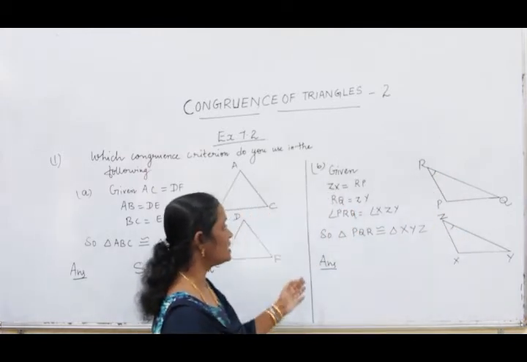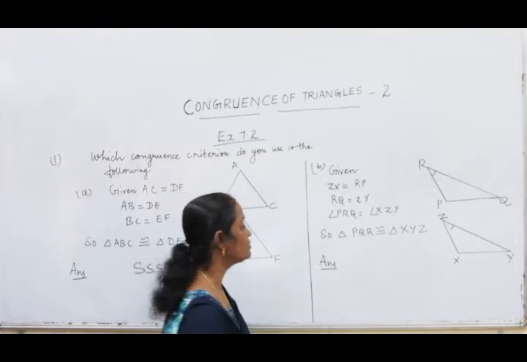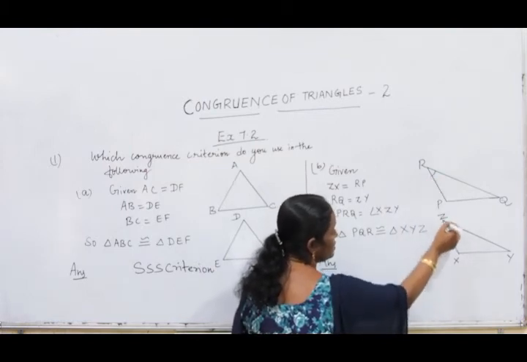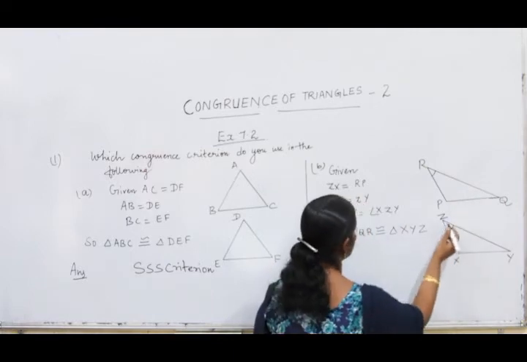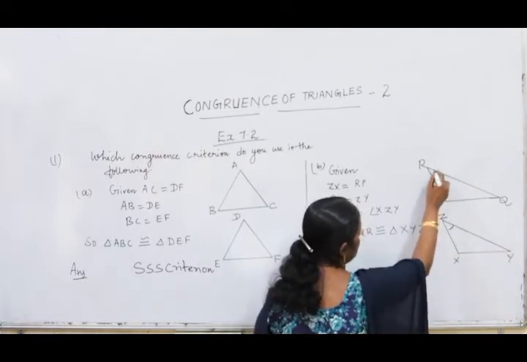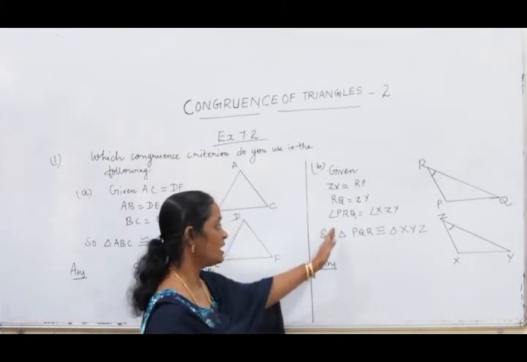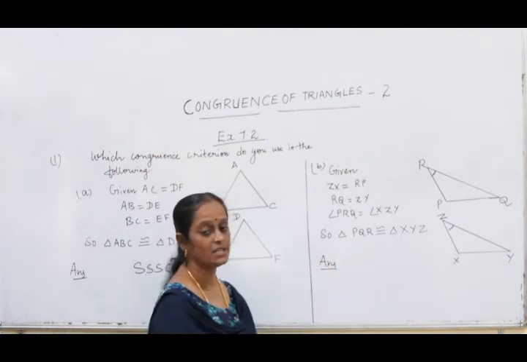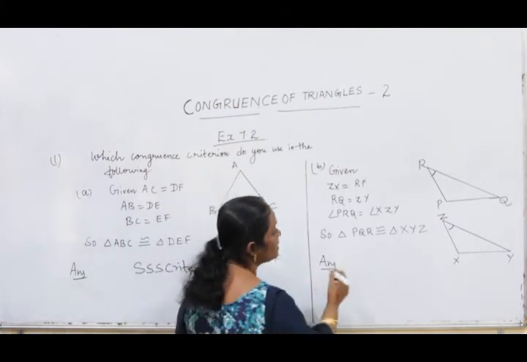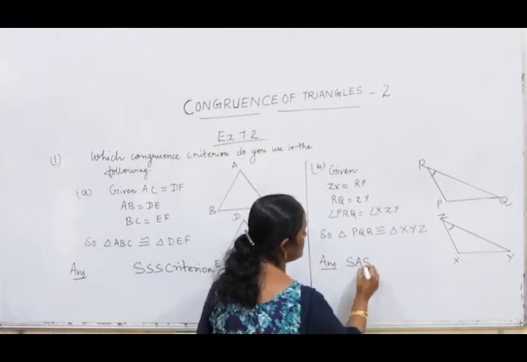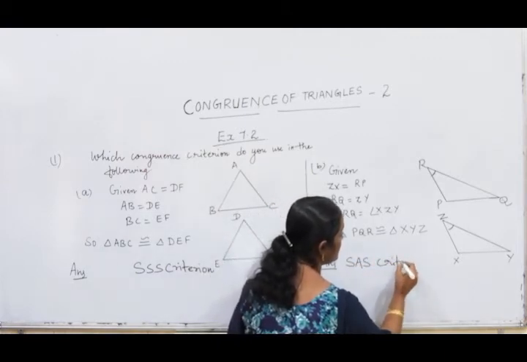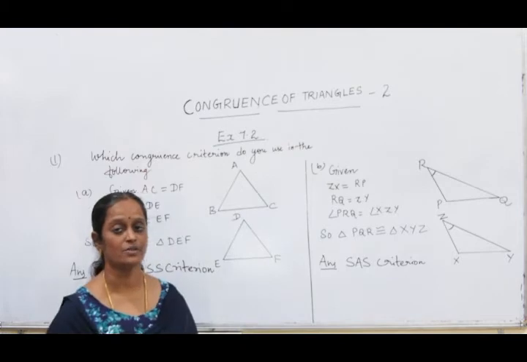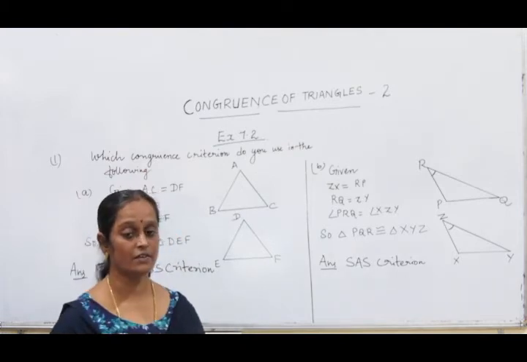So here students, you can see that two sides and the included angle: these two sides RP is equal to ZX and RQ is equal to ZY, and the angle included between these two sides, PRQ, is equal to XZY. So triangle PQR is congruent to triangle XYZ by which criterion? Here it is the side angle side criterion. So the two sides and the included angle of one triangle are equal to the two sides and the included angle of another triangle.